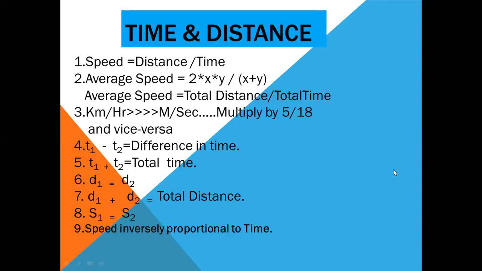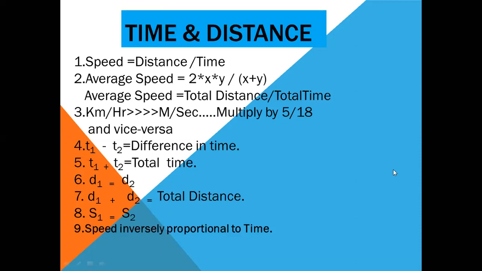And also, whenever you have to convert speed from kilometer per hour into meter per second, you have to multiply by 5 by 18. Because sometimes, as we have seen, we solve the whole sum, and at the end, if we look into the options, we see the options have been given in meter per second.